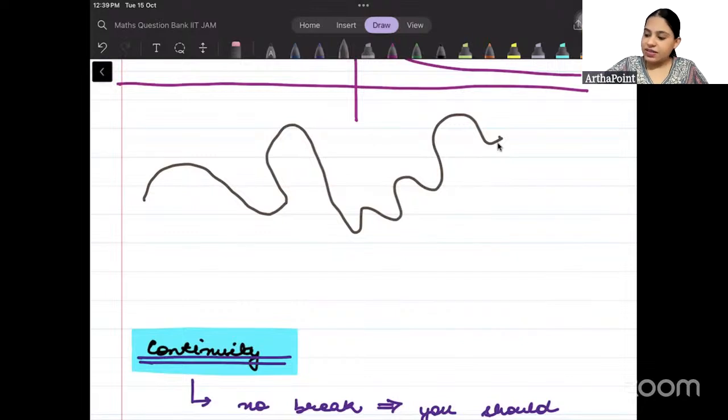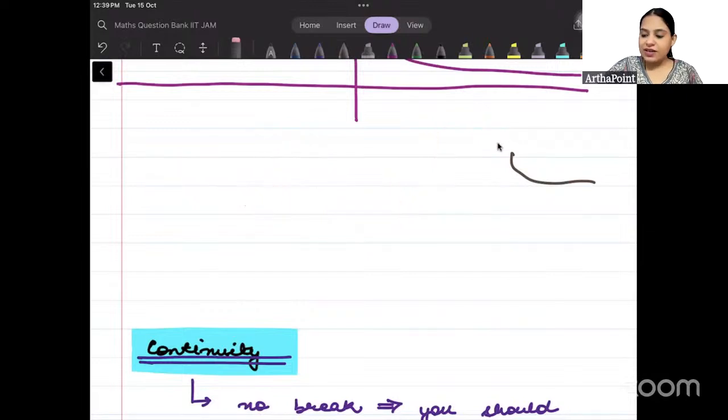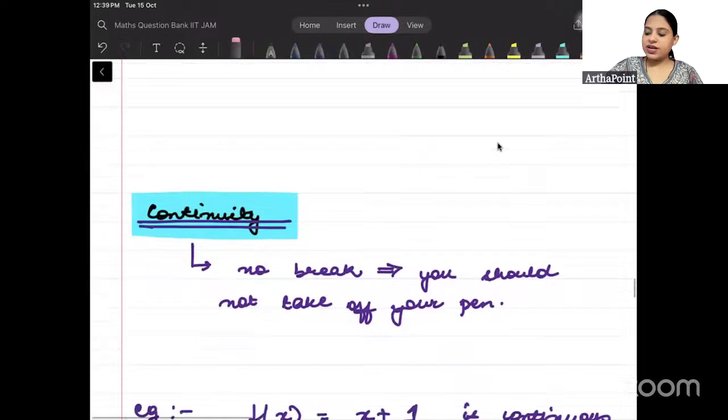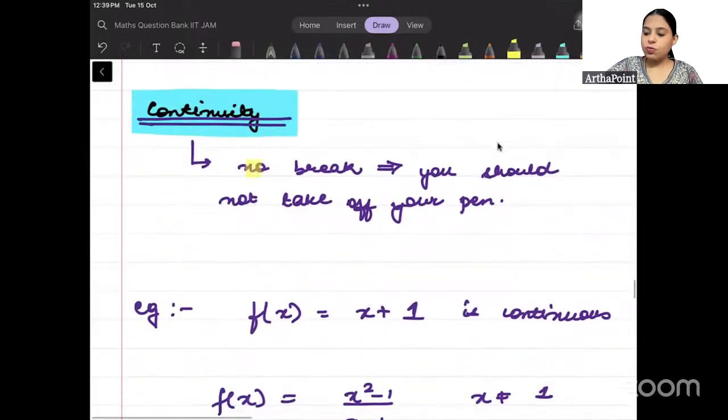If I pick it up and then have to redraw it, it means that there is a point of discontinuity. So in layman's language, continuity simply means that there should be no break, right? You should not be taking off your pen. You should be able to do a continuous graph, right? There should not be a point of a break here.